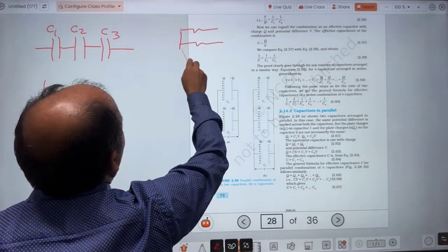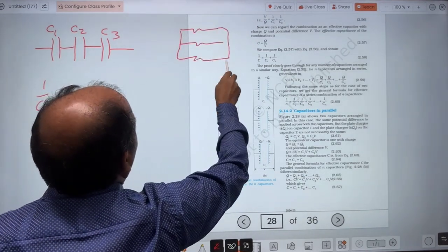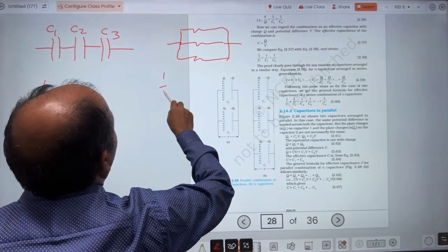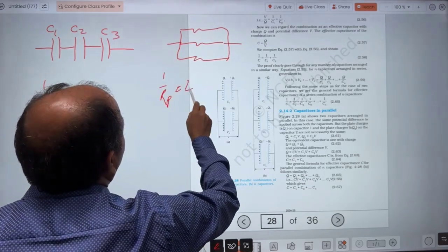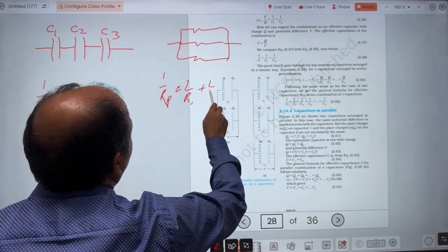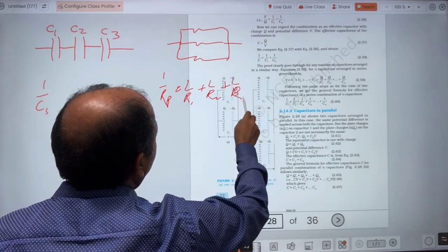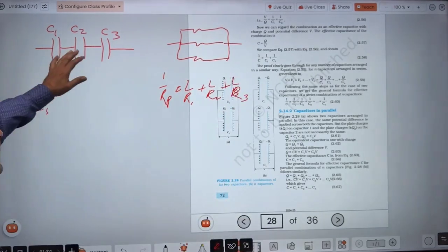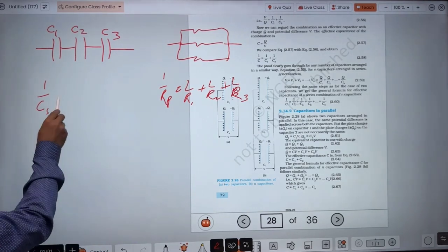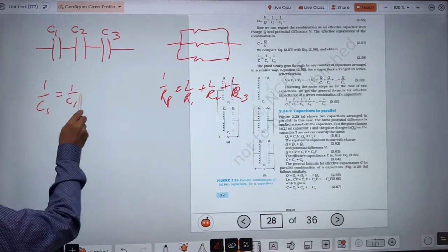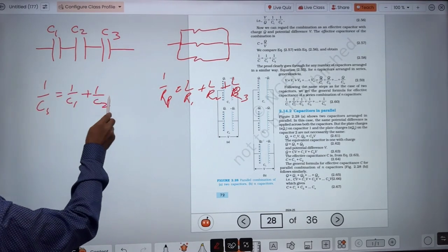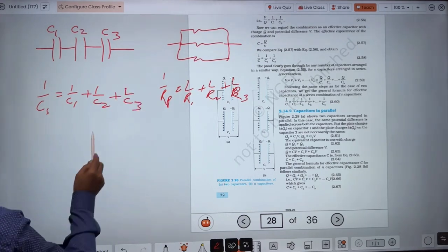If you remember, if three resistors are in parallel, in that case we use 1 upon Rp equals 1 upon R1 plus 1 upon R2 plus 1 upon R3. So here in case of capacitance it is just opposite: 1 upon C1 plus 1 upon C2 plus 1 upon C3.